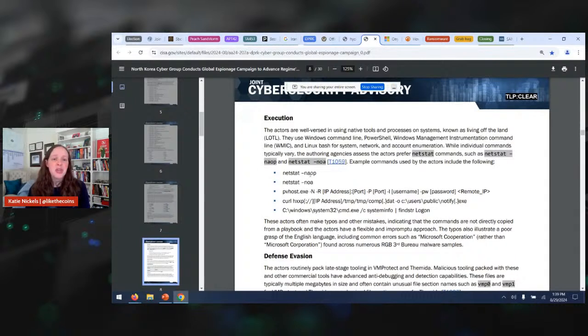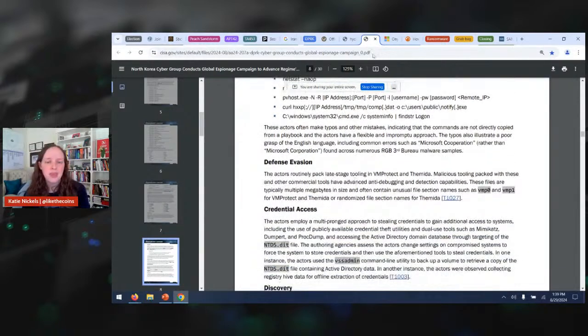You could put them in any order. It could be NAOP, it could be POAN, etc. If you start to see the same order, that might be an interesting pivot point you could start to cluster on. Obviously, it's low fidelity, so you'd want to look for other things, but it's an interesting tidbit. Even the order of command line flags could be something interesting if you're clustering intrusions.